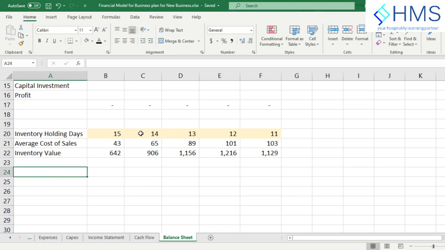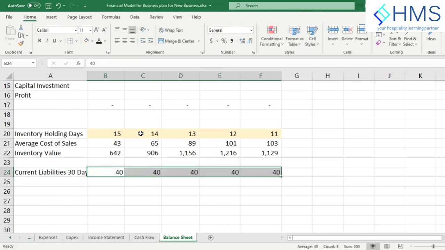Let's say you are getting a 30-day credit, so the credit is 30 days, credit supplies, current liabilities. But on average, you are holding around 40 days because you pay 10 days later from the end of the month. You're holding 40 days worth of cost of sales.